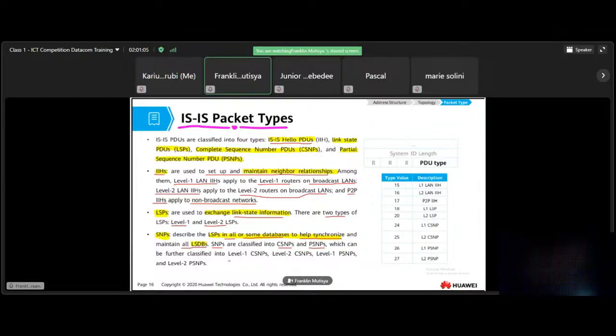We have level one complete sequence number PDUs, and level two complete sequence number PDUs. And we also have level one partial sequence number PDUs, and level two partial sequence number PDUs. Okay, so these are the packet types you need to be aware of.